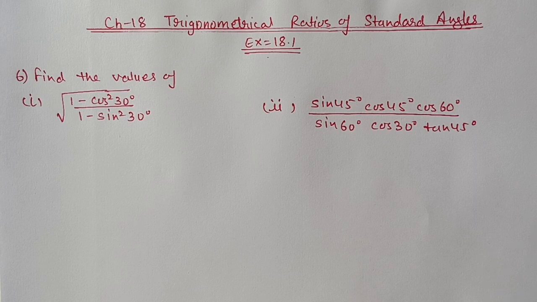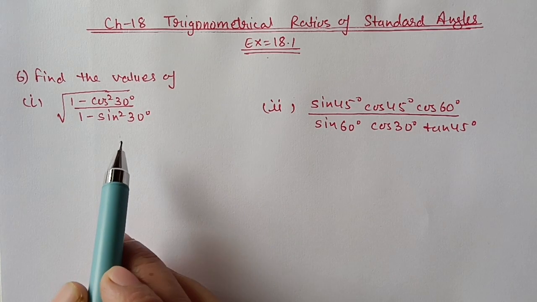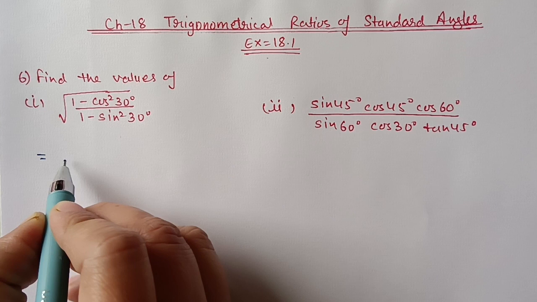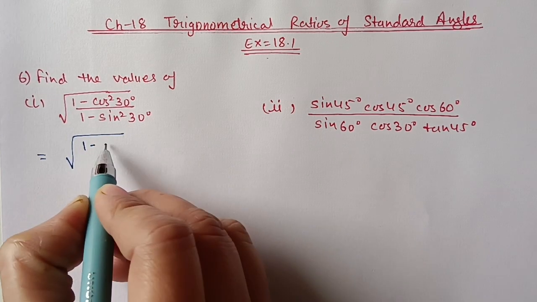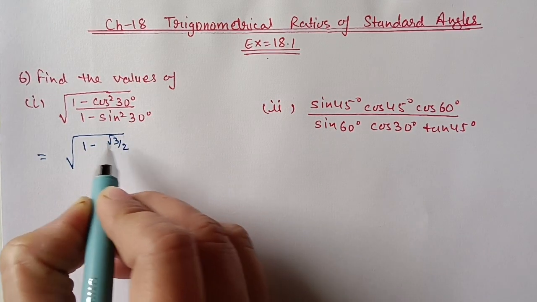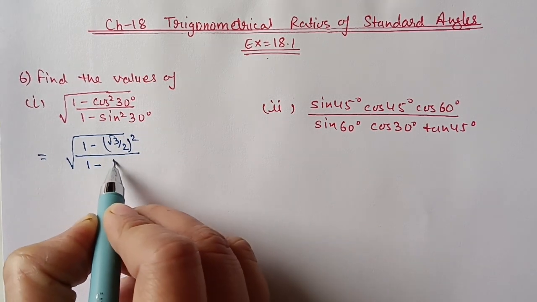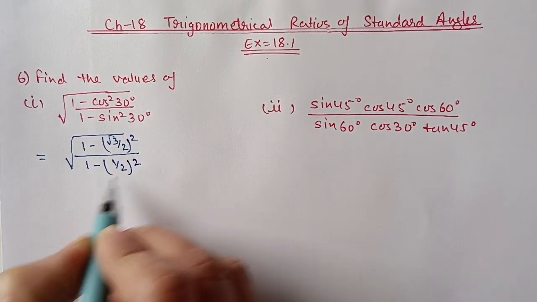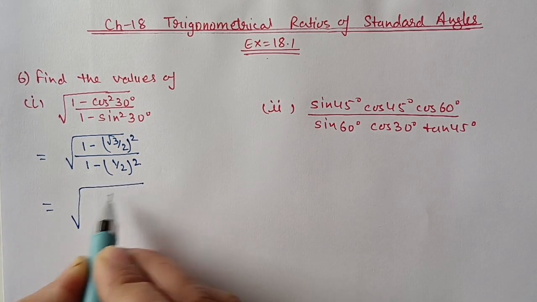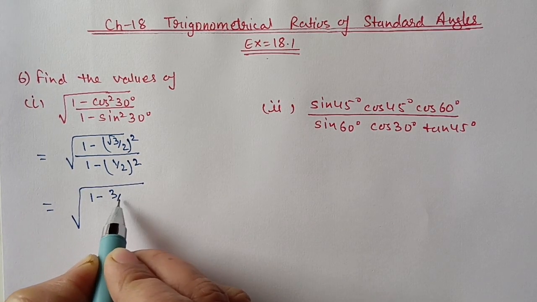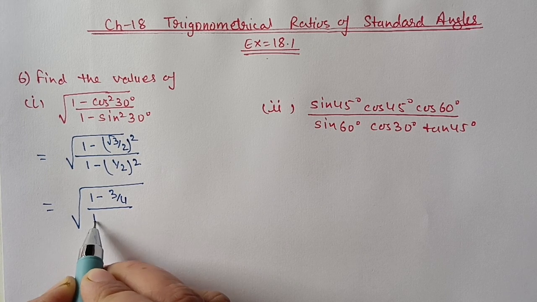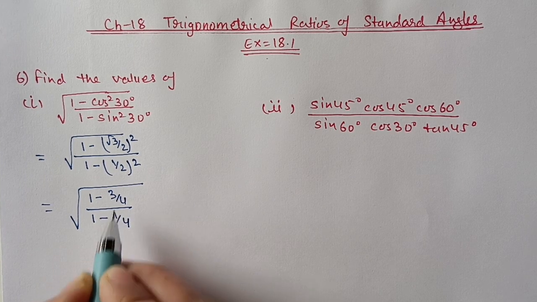So we have to substitute values of cos 30 and sin 30 here. Cos 30 is root 3 by 2, and do the squaring. In the denominator, sin 30 is 1 by 2, and do squaring. So in the numerator you will get 1 minus 3 upon 4, and in the denominator 1 minus 1 upon 4.